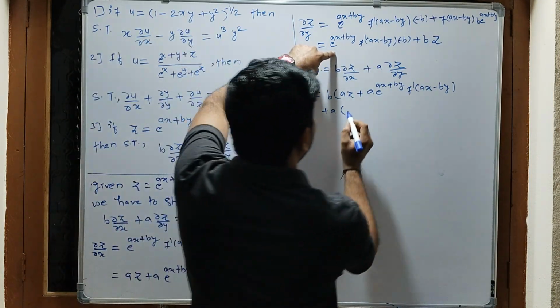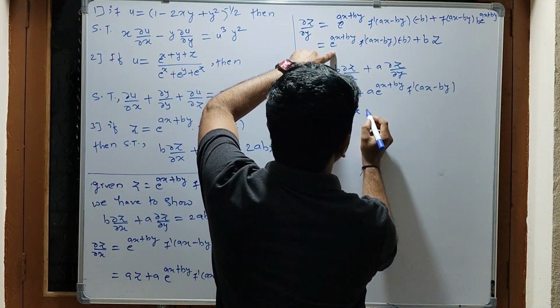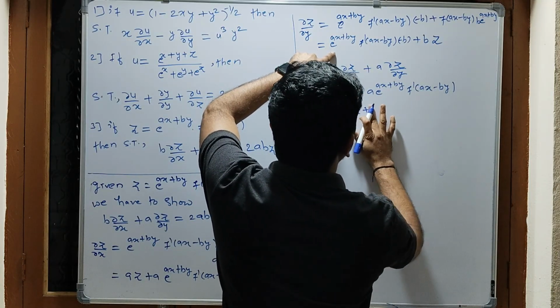Dou z by dou y is b z, plus, sorry, this is minus.